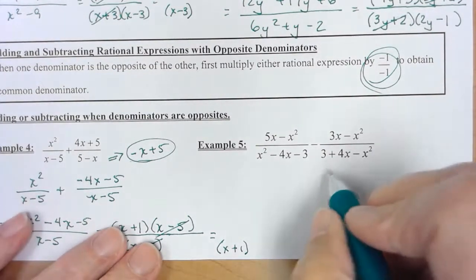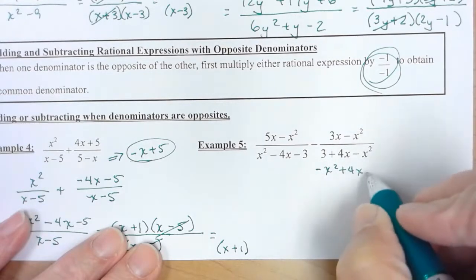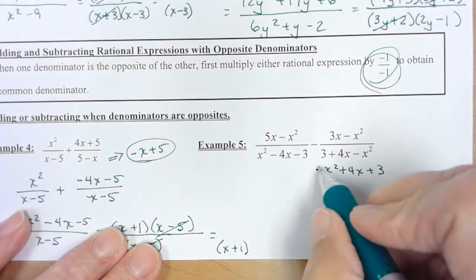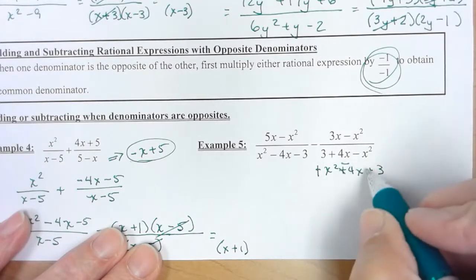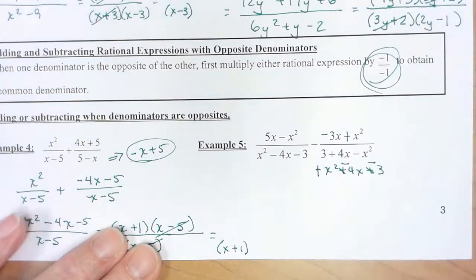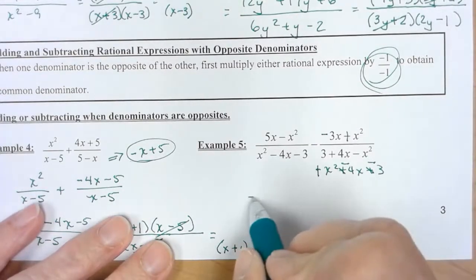The next one, let me rewrite this denominator. Multiplying top and bottom by -1 will change that sign, that sign, that sign. It will change this and this. So that allows me to have the same denominator.